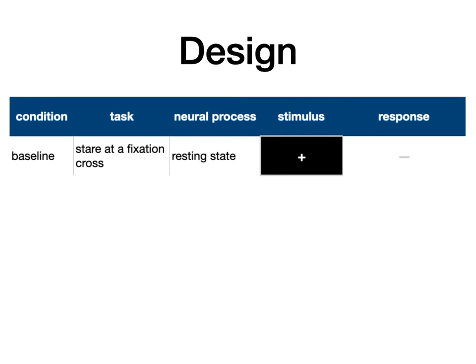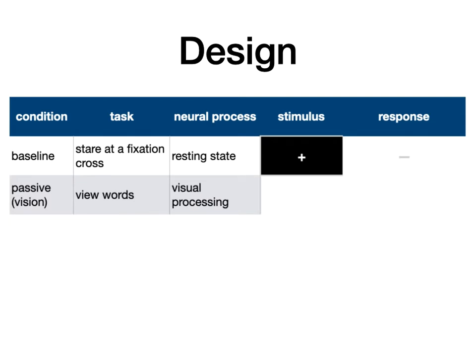So next would be a passive vision condition. The task is to just view some words as they appear. What this is trying to locate in the brain is visual processing at a very basic level, just seeing and processing something visually. In this case, the stimulus you see would be bird, but there's still no response.